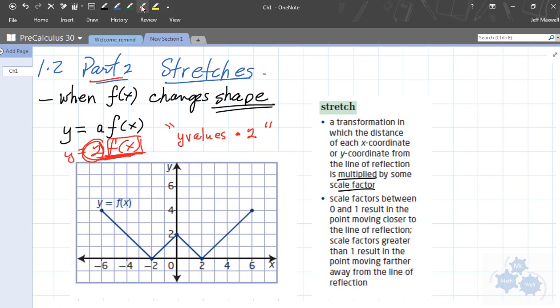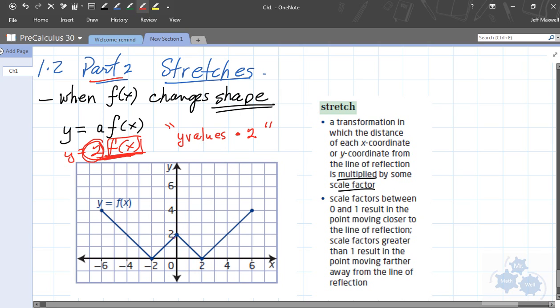So what does that look like? Well, let's take any point. Let's start with the 2 here. So this point is (0, 2). What would this point be if I multiplied just the y value by 2? It would be (0, 4). Very good. Now, if there was a line of reflection, it would be the x-axis, right?